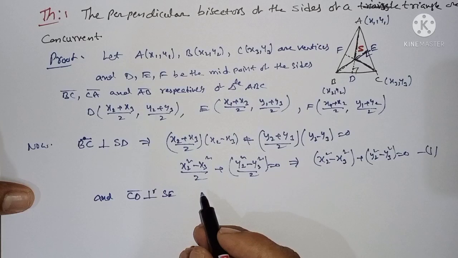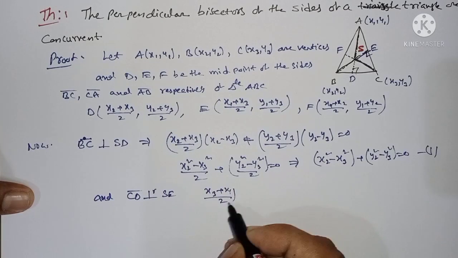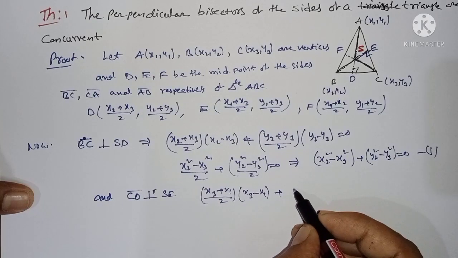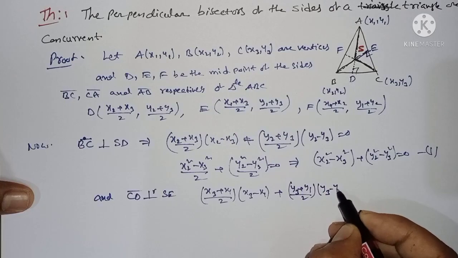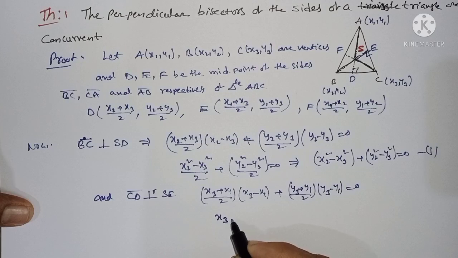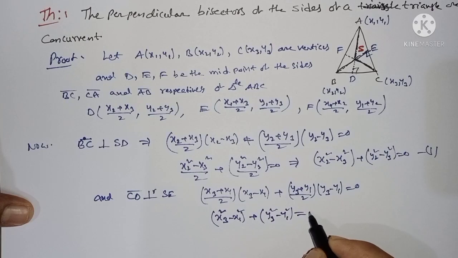Therefore, SE gives ((x3 + x1)/2)(x3 - x1) + ((y3 + y1)/2)(y3 - y1) = 0. Directly I can write x3² - x1² + y3² - y1² = 0.